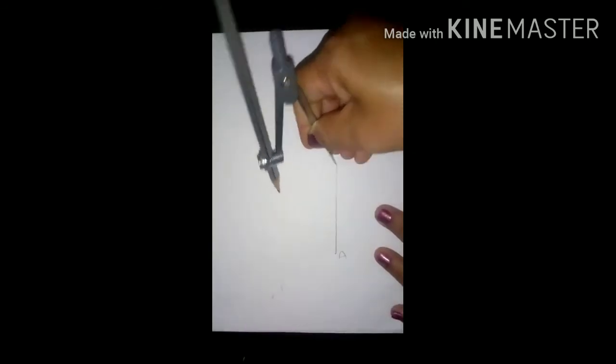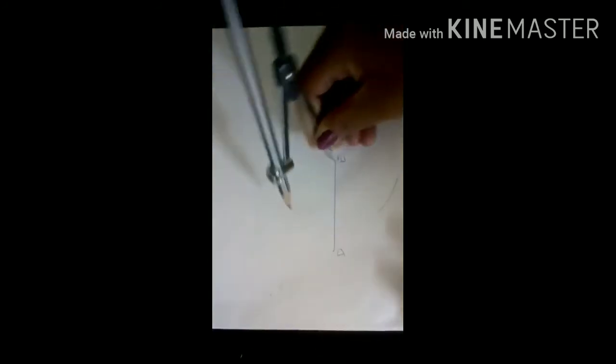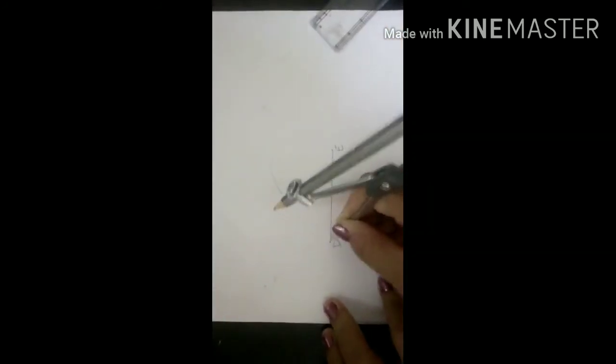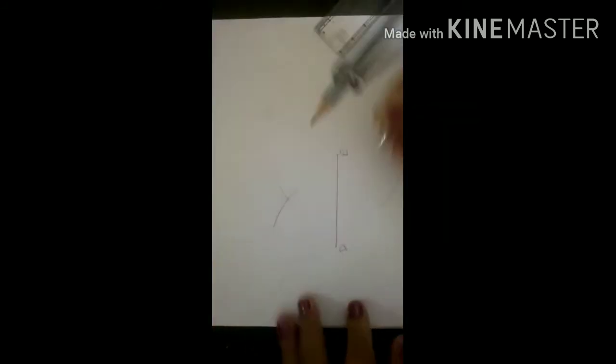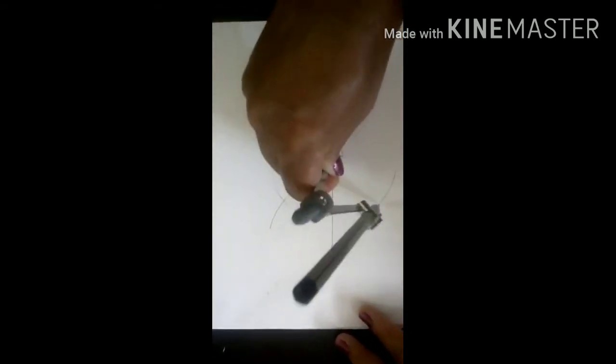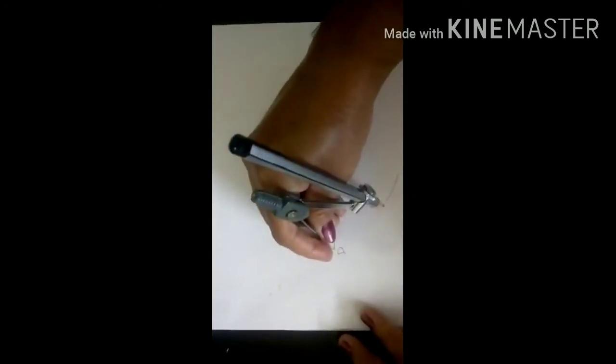First, taking E as center, draw the arc on upper side and also on the lower side. Then with D as center, draw the arc on upper side which will cut the previous arc, and down side also draw the arc from D also.